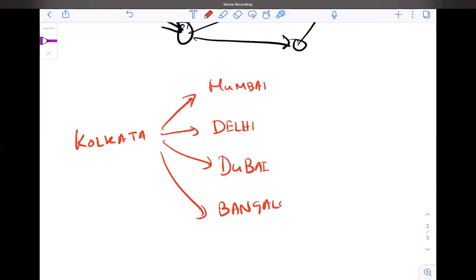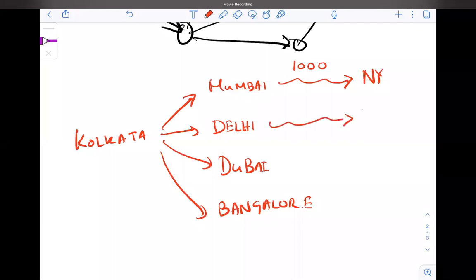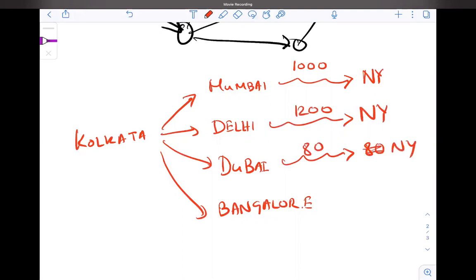Now your friends have managed to find out that from Mumbai to New York, the cheapest cost is say $1,000. From Delhi to New York, the cheapest cost is say $1,200. Dubai to New York, the cheapest cost is say $800. Note that it might be that Mumbai's cheapest route might involve going through Dubai.